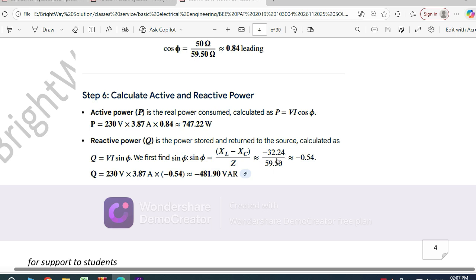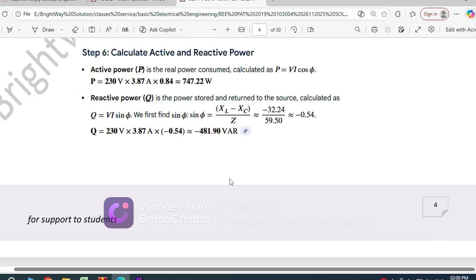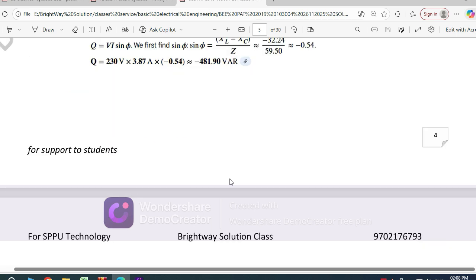You get sin phi as minus 0.54. So Q is equal to 230 volt into 3.87 ampere into minus 0.54, which equals minus 481.90 VAR. Okay, this is the reactive power, and its unit is VAR. So this question is for 8 marks.